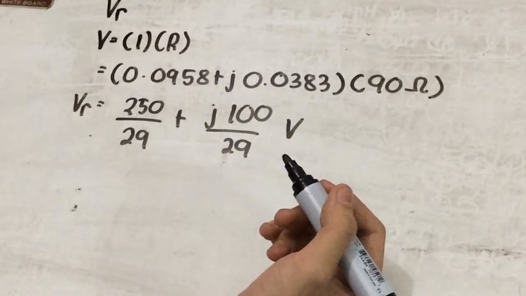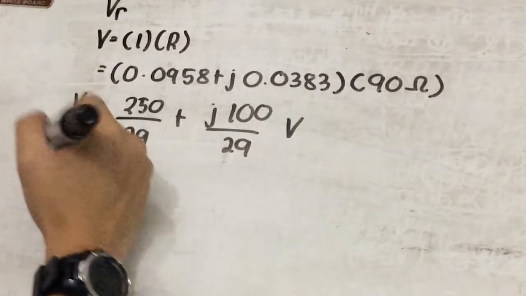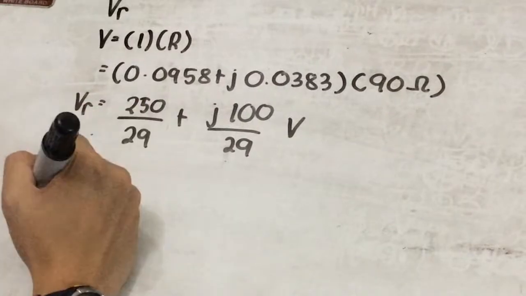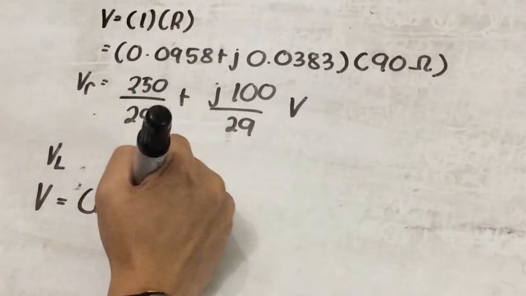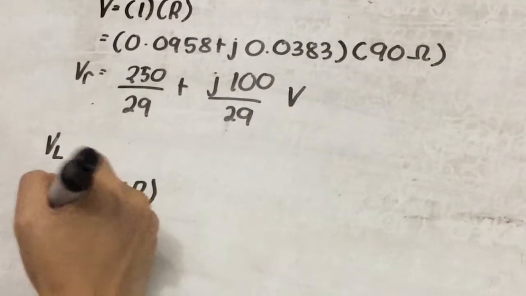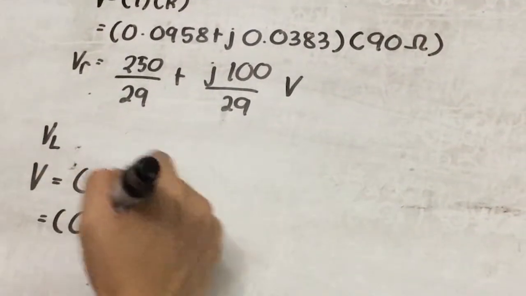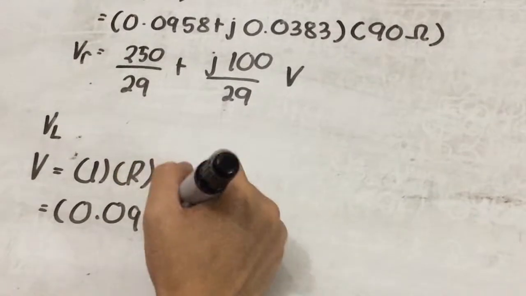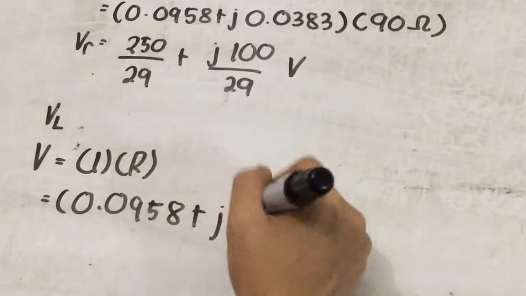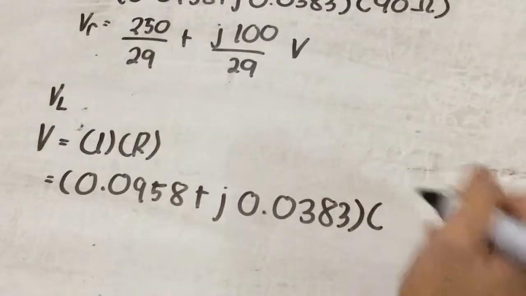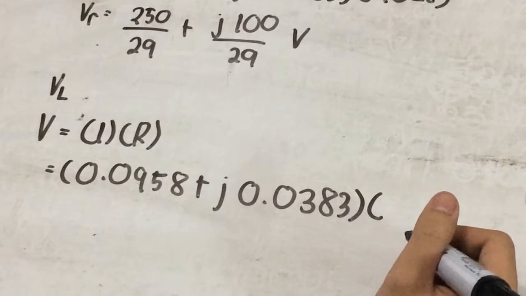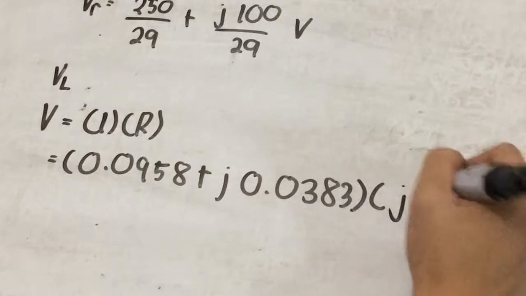Next, we will find the voltage drop in the inductor. Again, substitute all the values, we will have I1 times the impedance of the inductor, which is the 64j.